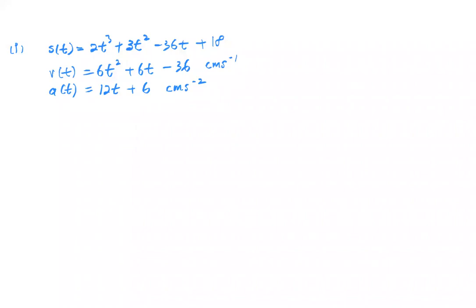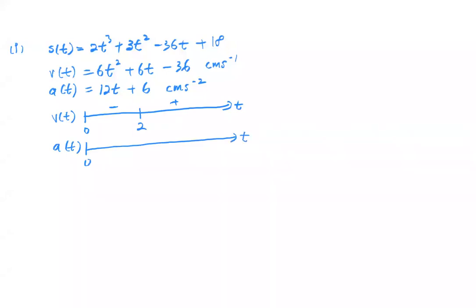Okay, so after that, I got this already, then I draw the sign diagram. How I get the two, I don't have to tell the examiner. You can get it from the graph, you can get it from the calculator, whatever you use. Then this is a negative, this is a positive. Then my AT sign diagram is always positive.